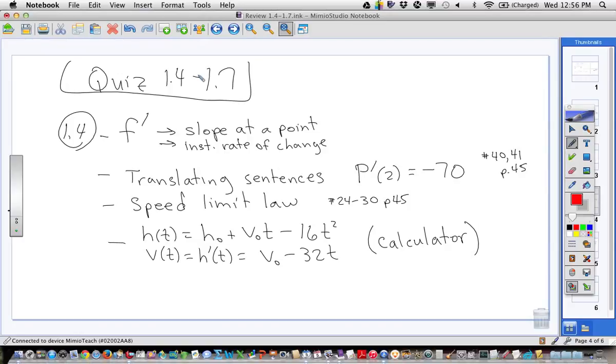At 2, we said at 2 o'clock because it started at noon, but at 2 hours, the car is going west at a velocity of 70 miles per hour. The negative means west. We don't know if the car is east of Bismarck or west of Bismarck from that information. We just know it's going in a westward direction. Now, if I told you that P of 2 was 100, now where's the car?